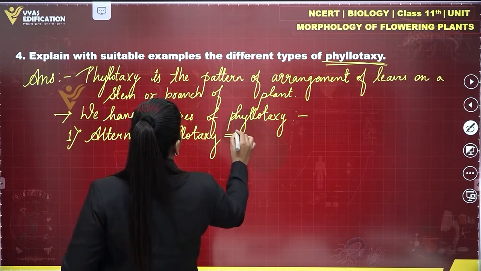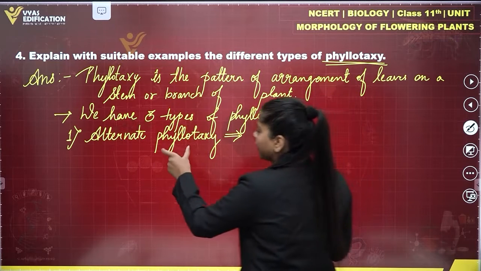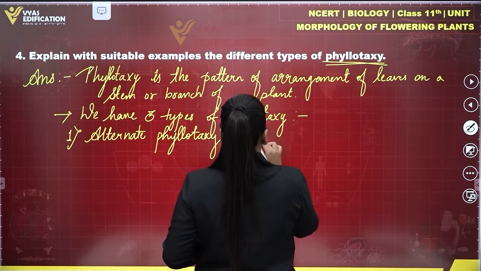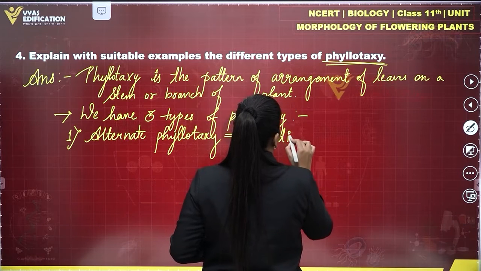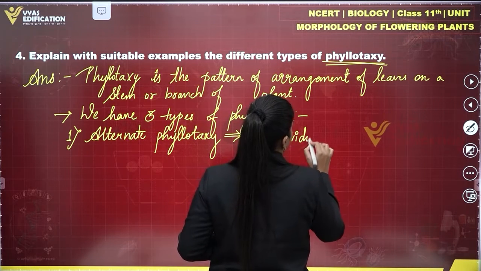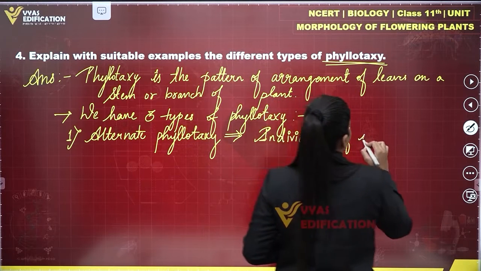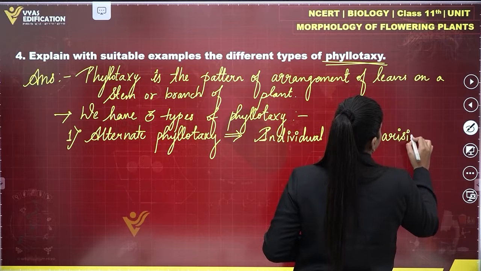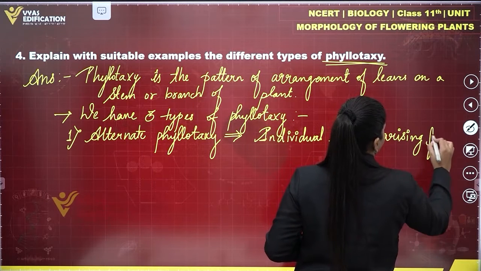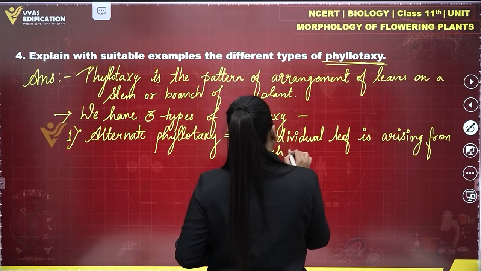What happens in it? In this alternate phyllotaxy, an individual leaf is arising from each node.